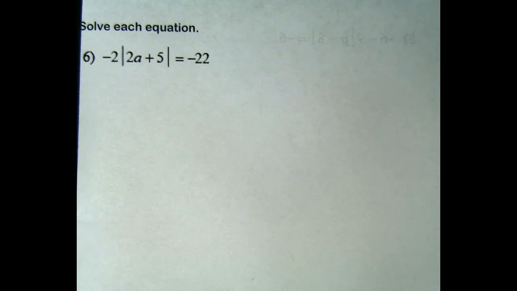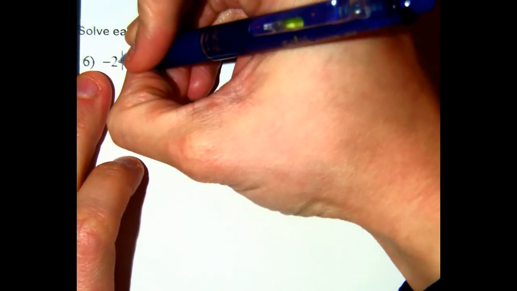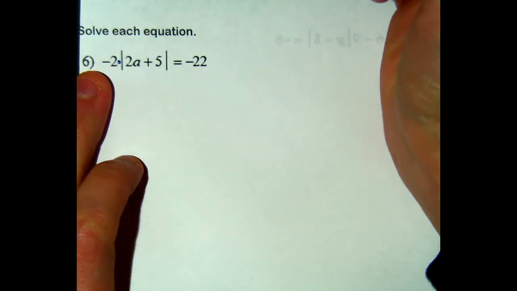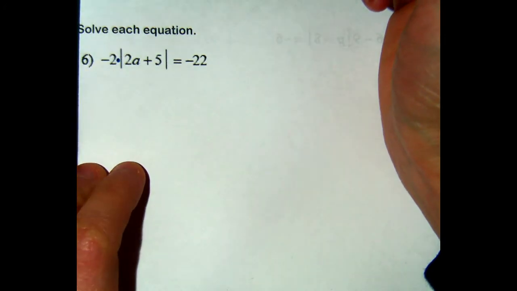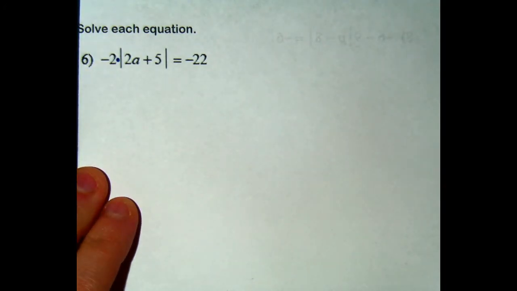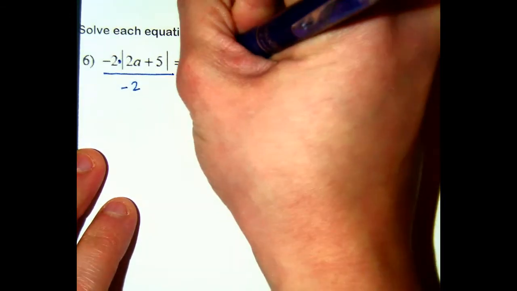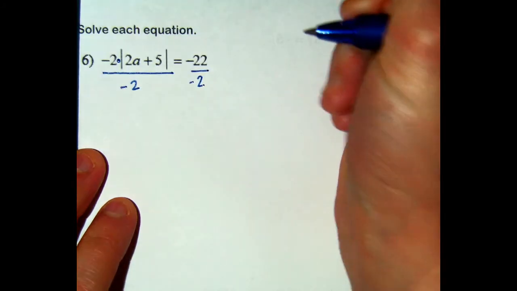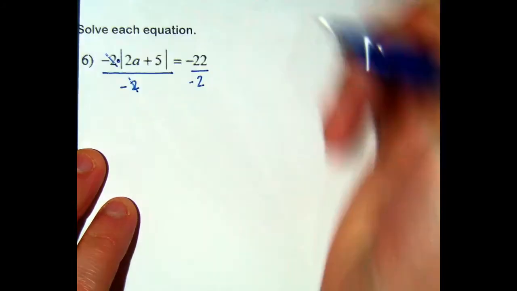In order to get rid of it, we are going to have to do the opposite. You need to remember that when there's a number right next to something, there's a multiplication symbol that's not visible, but it does exist. So we are actually doing the opposite of multiplication, which is dividing by negative 2.